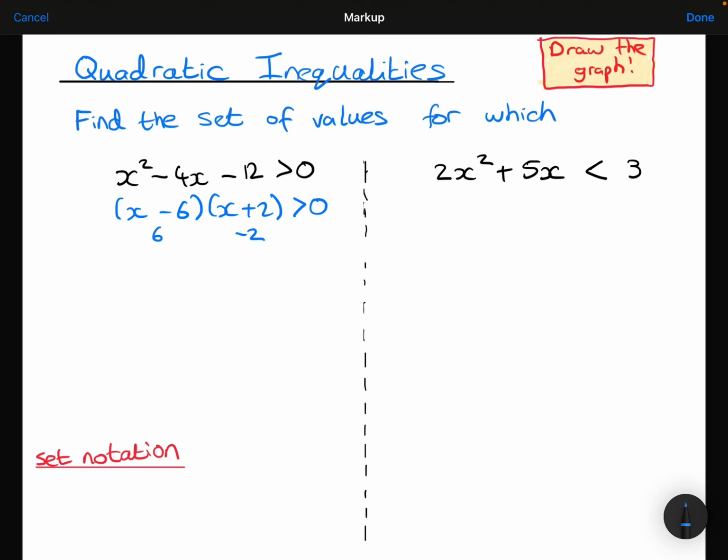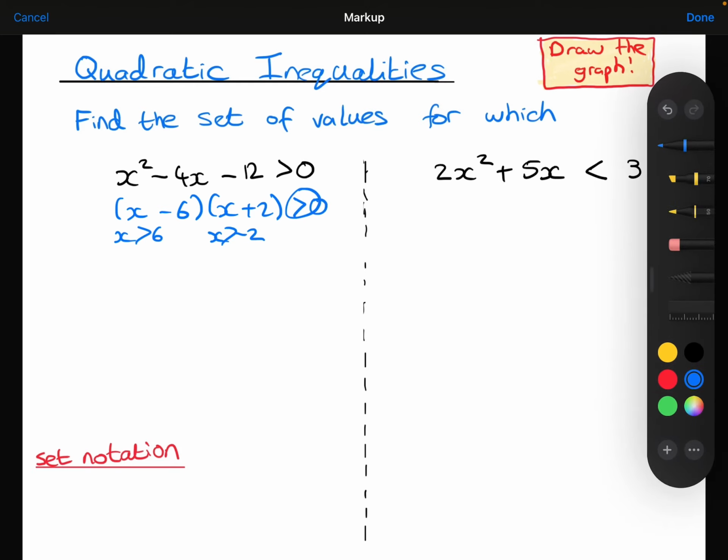Now, a real common mistake that students make is they just go, oh, x is x, and then they just copy this sign randomly down. That is completely wrong. Instead, what we're going to do is draw a sketch of this quadratic. It had a root at 6 and a root at minus 2.